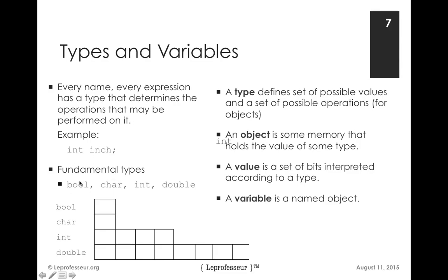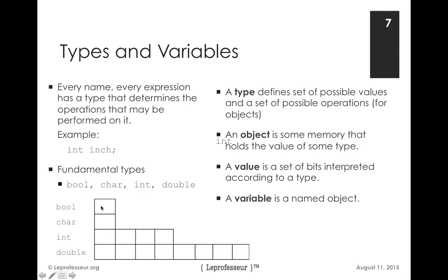Fundamental types: bool, char, int, double. Bool stands for boolean, char stands for character, int stands for integer, and double is double-precision floating point. Now these boxes tell me how much memory each type will allocate for itself from the memory area.